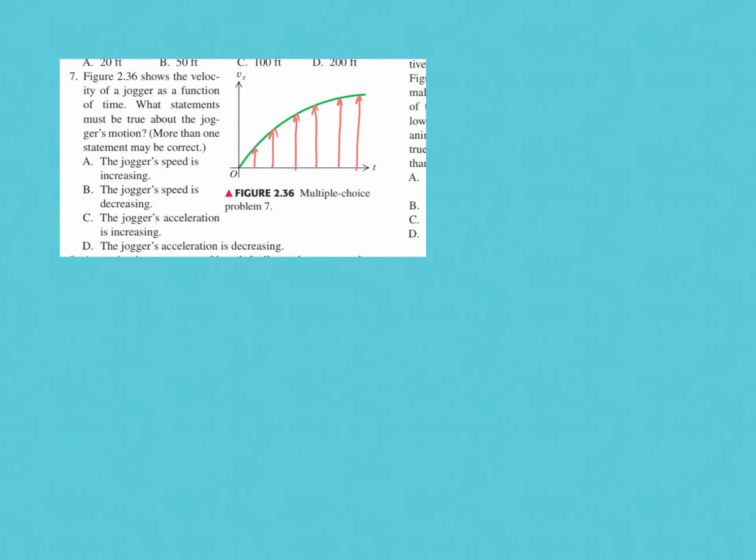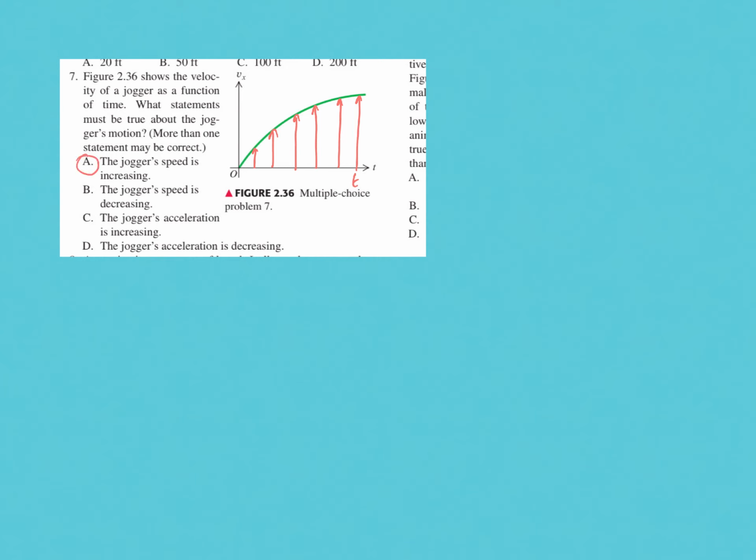I don't have more information about what it will do later than this time t, but it doesn't matter. Let's answer the question. The jogger's speed is increasing. It's true. At the beginning was this velocity, and it always increases. So this is true, so I will mark it true.